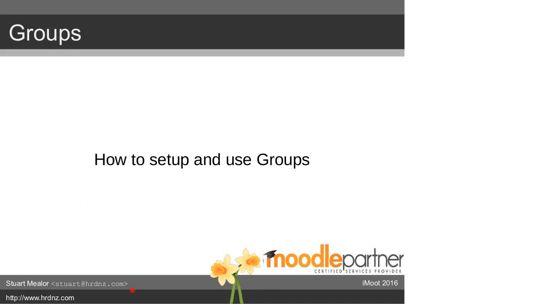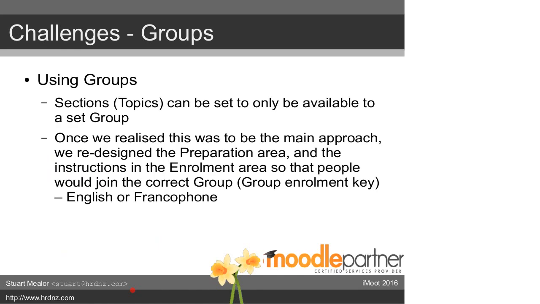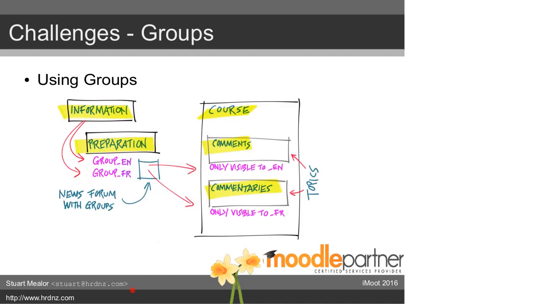We decided to use groups rather than splitting courses. We decided to create groups based on the languages and then to restrict things via that method. So we wanted topics to only be available to certain languages. If I explain that visually, it makes a bit more sense.